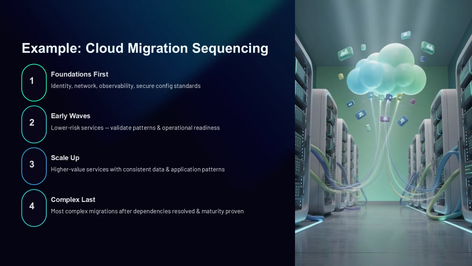As confidence grows, you scale to higher value services and integrate consistent data and application patterns from phase C. You schedule the most complex migrations later, after dependencies are resolved and operations maturity is proven. Throughout, you measure outcomes such as incident reduction, improved deployment stability, and reduced time to onboard new workloads. This is phase F in action: a controlled, repeatable migration plan rather than a rushed move that creates cloud chaos.